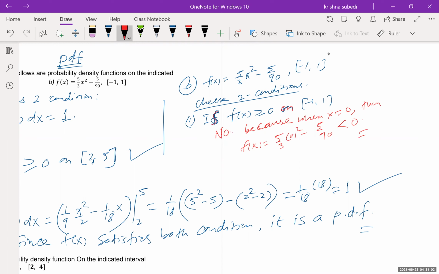So it failed. This first condition is not satisfied. So you don't have to try the second condition. So f of x is not a PDF.